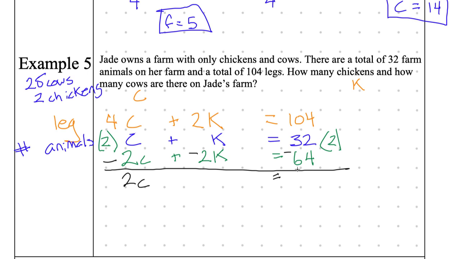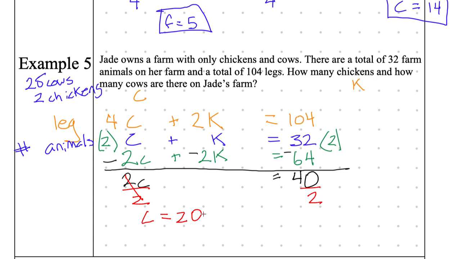How much do I have to add to 60 to get to 100? Just 40. Okay. All right, and Charles, 40 divided by 2 is 20. Divide both sides by 2, and c therefore is equal to 20.